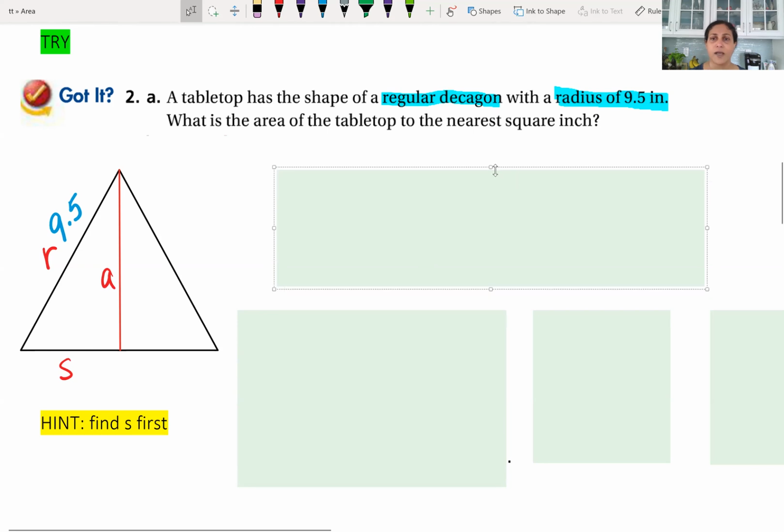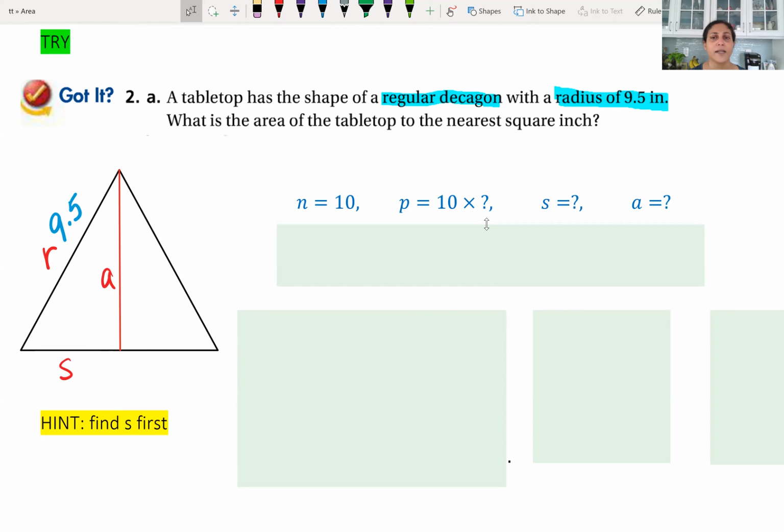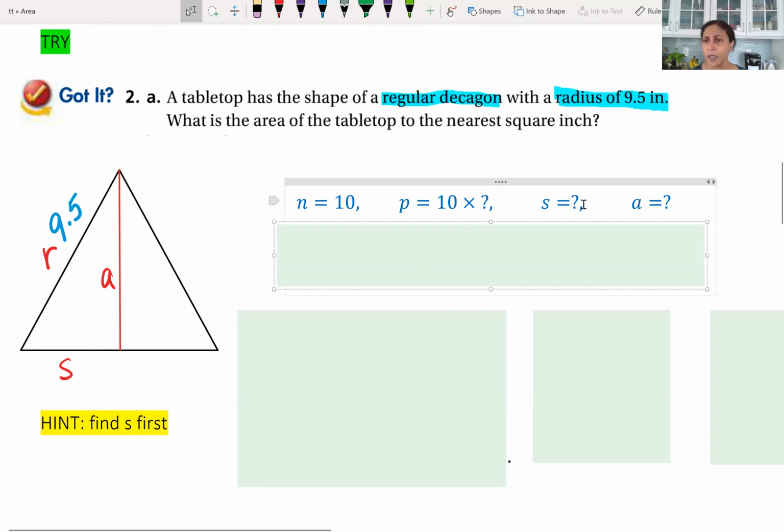So let's start off by first writing down what we know. We know n is 10, but I can't find the perimeter because I don't know what S is equal to. And of course, I also have to find A. So the central angle is easy to find because it's 360 divided by 10. So we have 36.